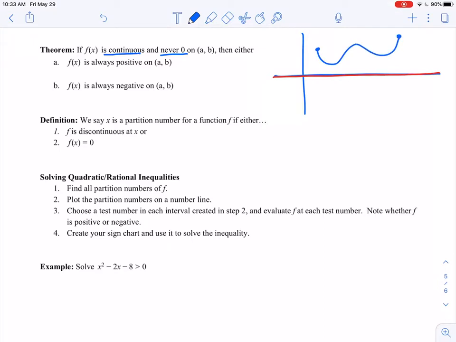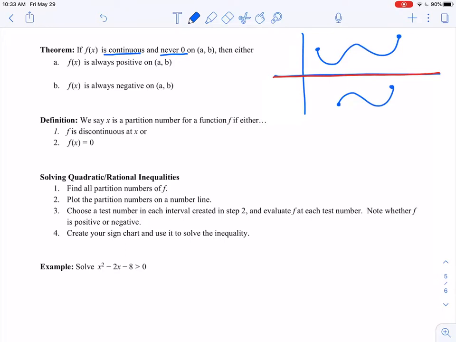So my function might look something like that. It's always positive. Or if I had started below the x-axis, down here, and again, I'm not allowed to cross the x-axis, I have to stay below the x-axis. So it might look something like that, in which case it's always negative. So it's either always positive or always negative on these intervals.